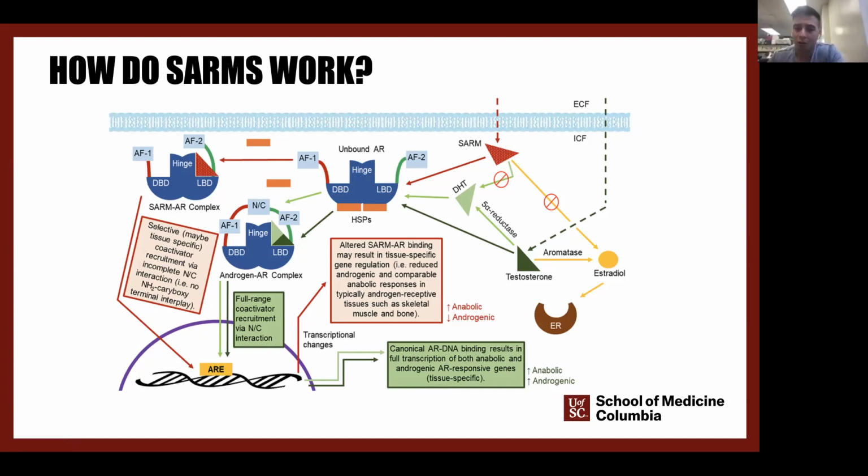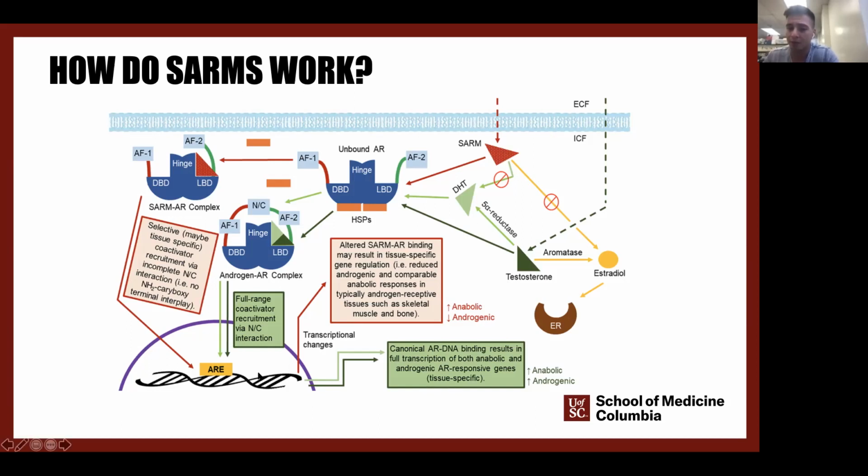Once that occurs, we have full activation of this receptor by the androgen, like testosterone. It translocates to the nucleus and binds to our target gene in a specific area in the promoter complex called the androgen response element, which upregulates transcription.